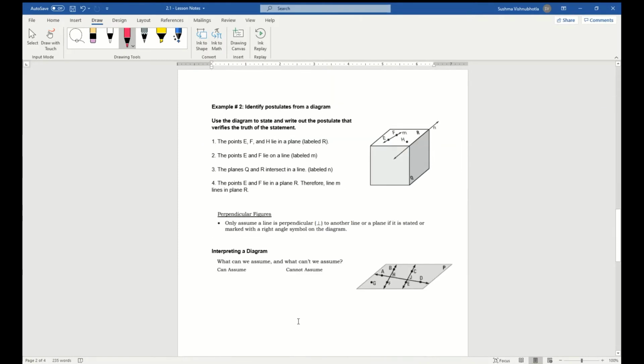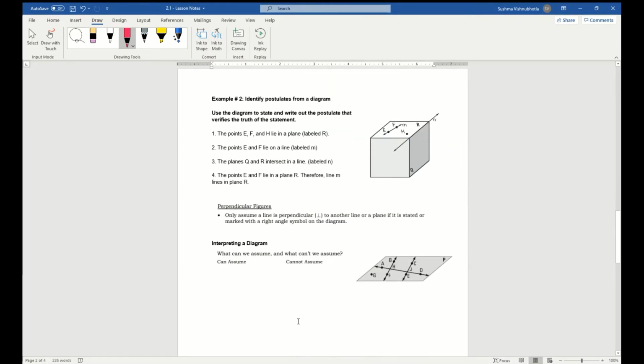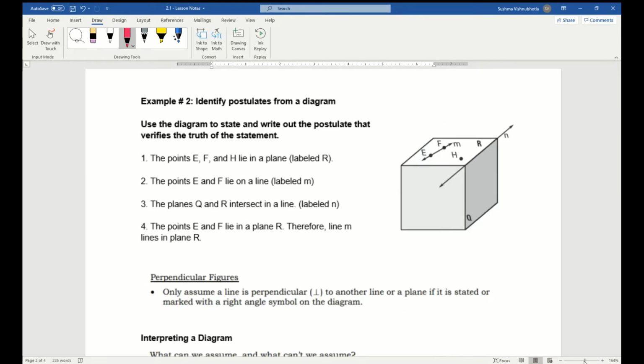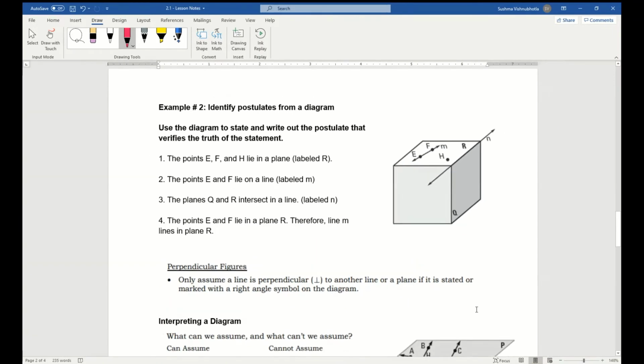All right. Now, I can also ask you to identify a postulate from the diagram. So use the diagram and state the postulate that verifies the statements. The first statement is points E, F, and H lie in a plane, and they're talking about plane R. So which postulate is it?